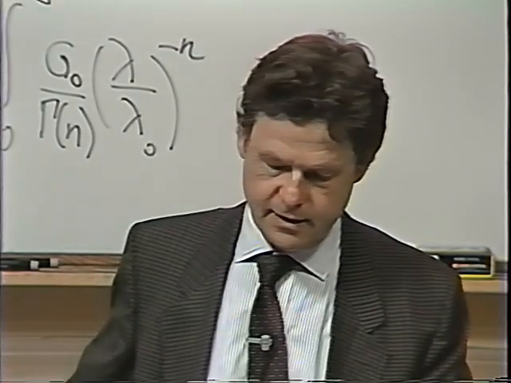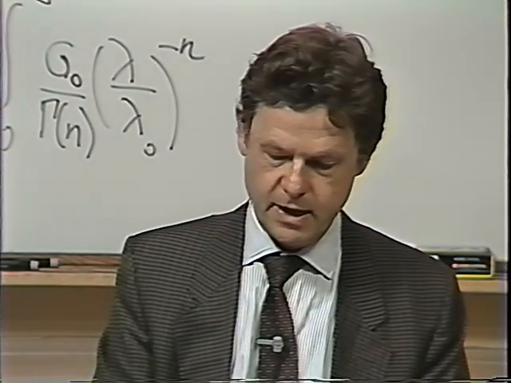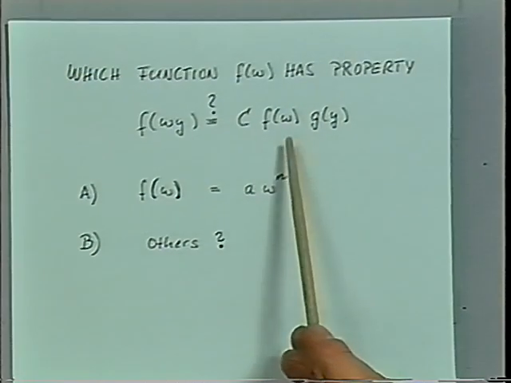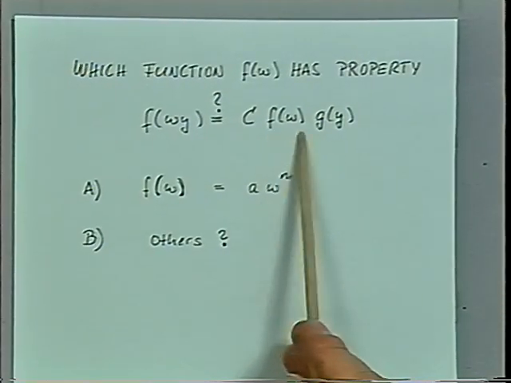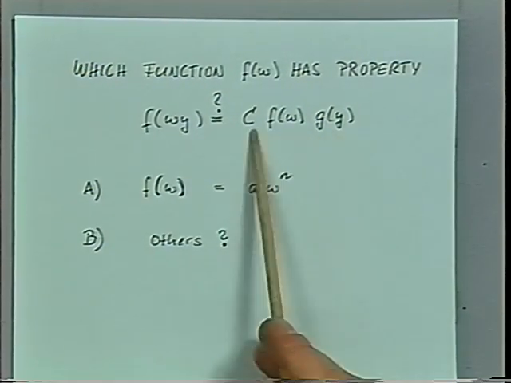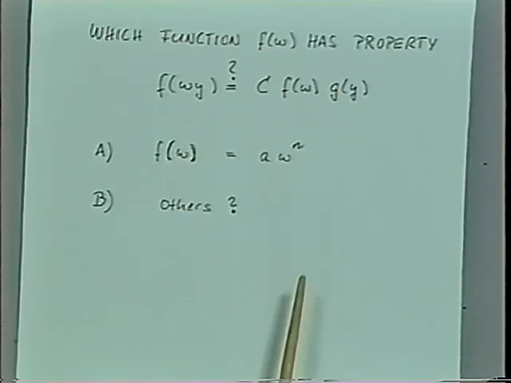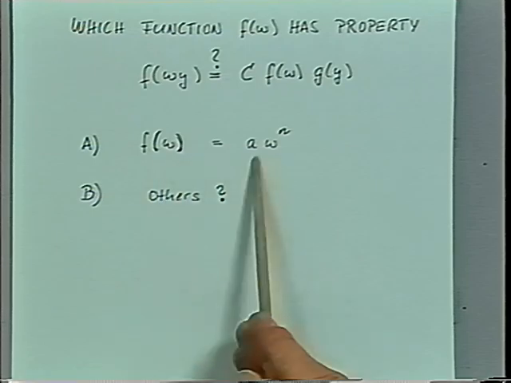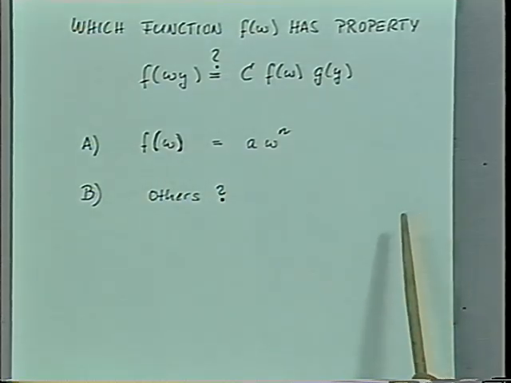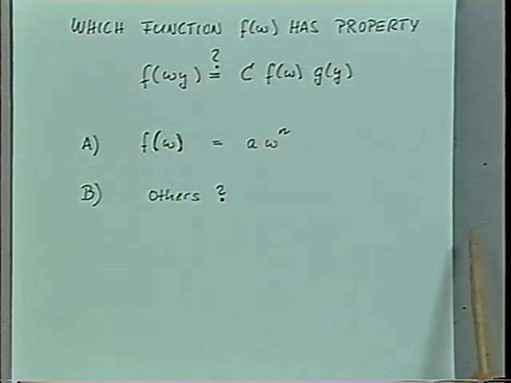Okay? So we know that the function f of omega y has to be of this format, f of omega times g of y, multiplied with some constant, which we don't know yet. And certainly, if f of omega is a power law, that's what we are using all the time, then the relation is satisfied.